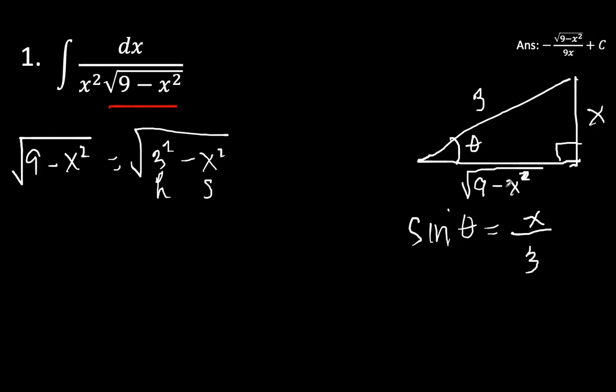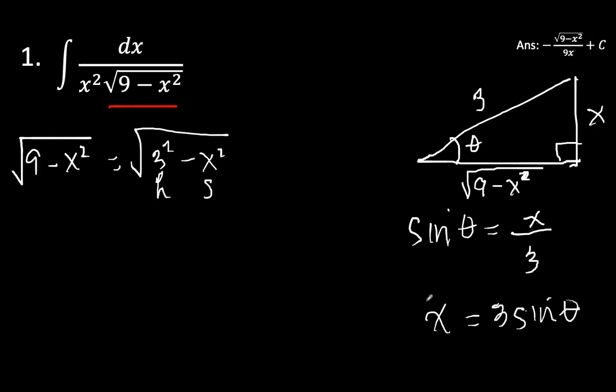Or if we place the square root of 9 minus x squared as the opposite side of the angle theta, then sine theta is equal to the square root of 9 minus x squared over 3, which is more complicated than what we have found here. So now we can solve for x, which is 3 sine theta. It's simpler compared with dealing with this expression.